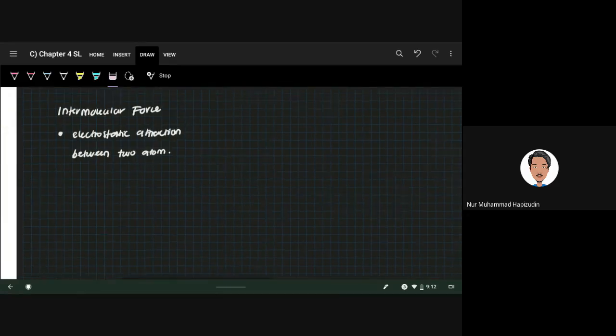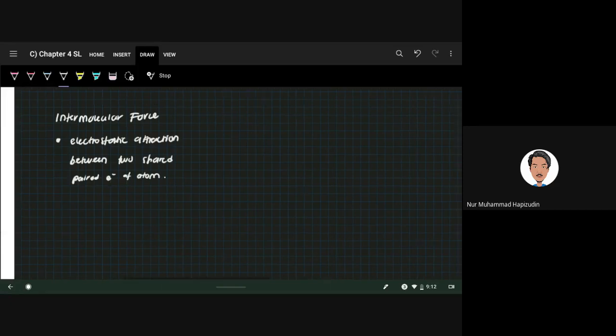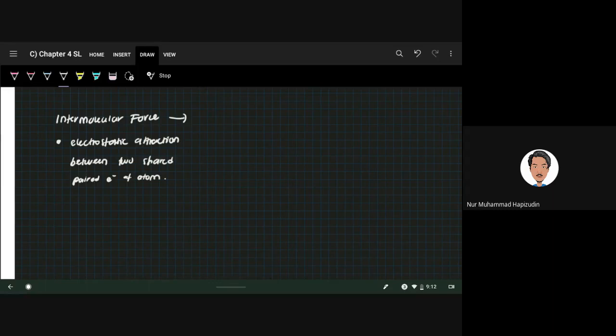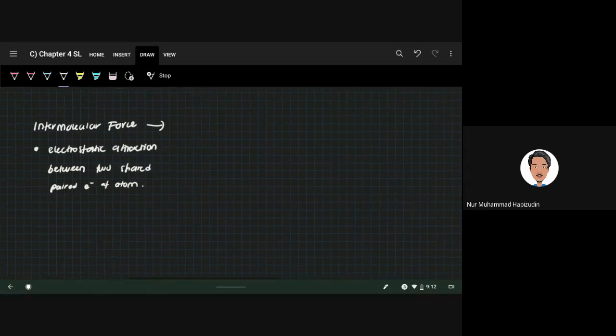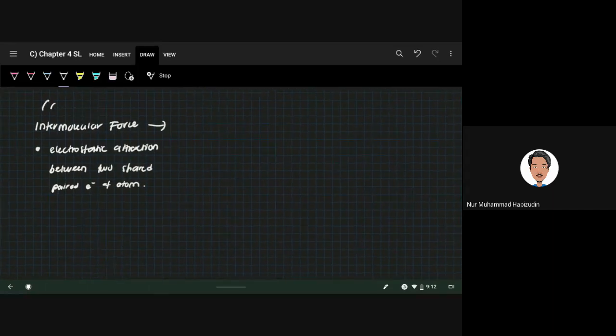Between two sharing electron pairs of atoms. Ataupun bahasa mudahnya, this is for covalent bond lah. Intermolecular force is specialized for covalent bond.